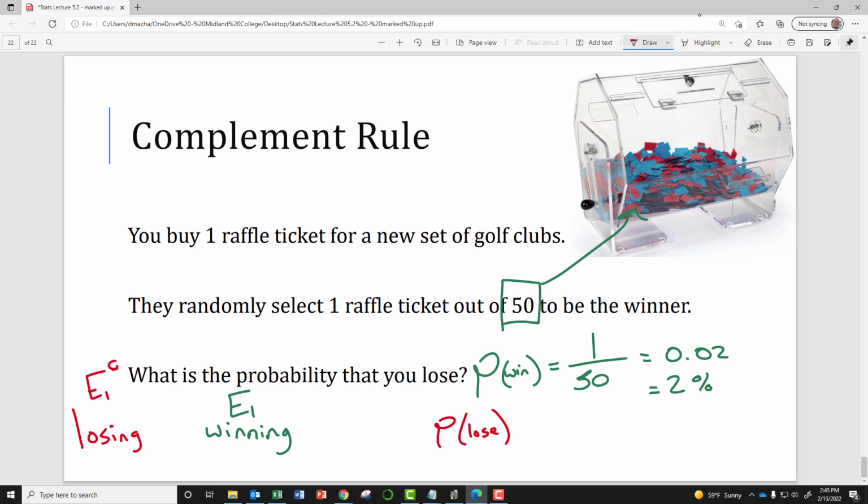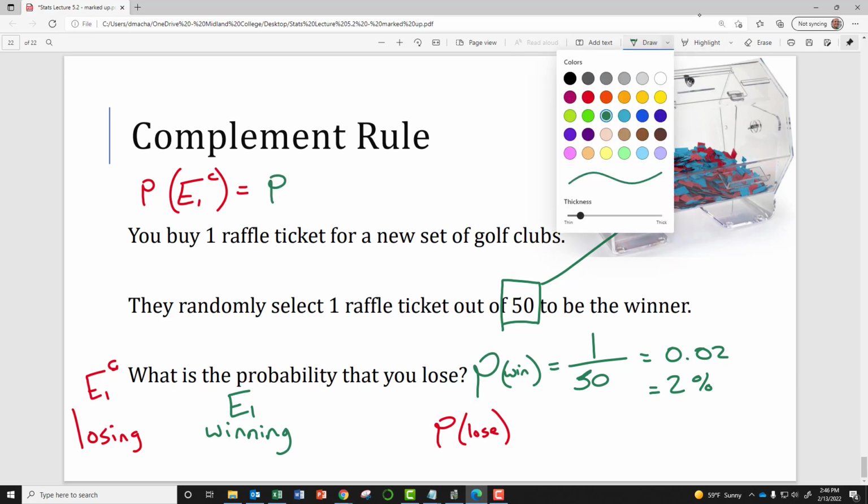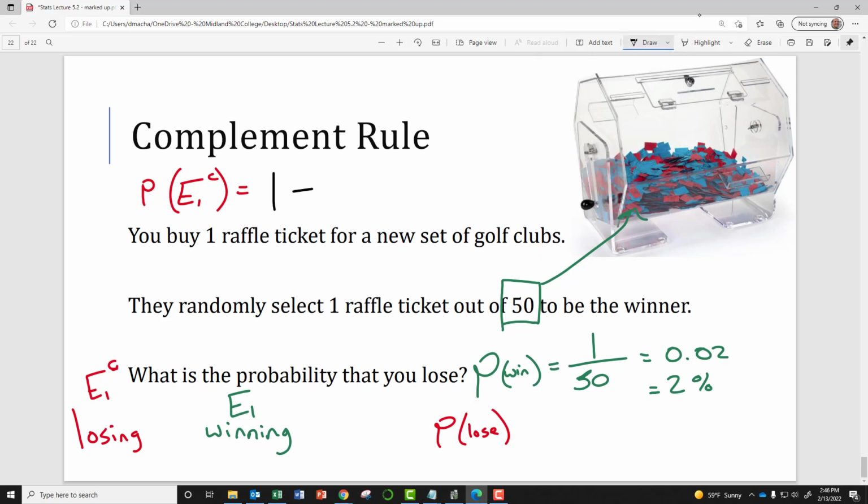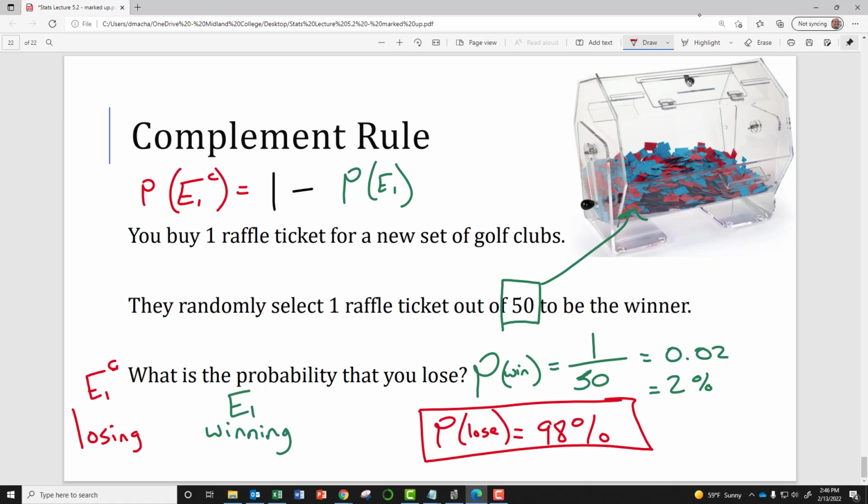My rule on the previous slide told me that the probability of E1 complement is going to be 1 for all probabilities minus the probability of E1. So it'd be 100% minus the probability that you win. And that means the probability you're going to lose will be 100% minus 2%, which will be 98%. So that's just one illustration of when you might be thinking in terms of the complement rule.